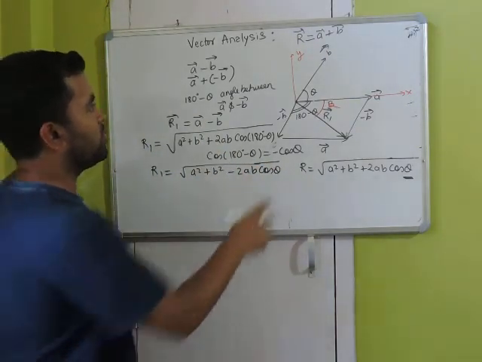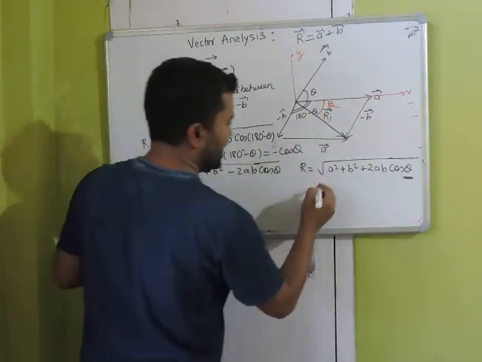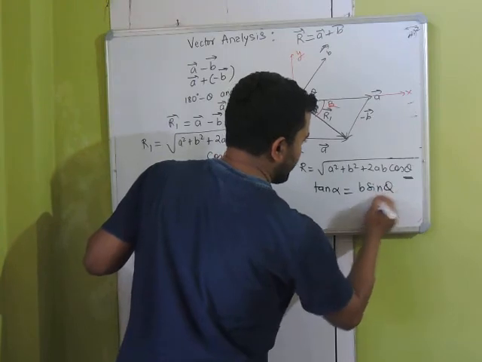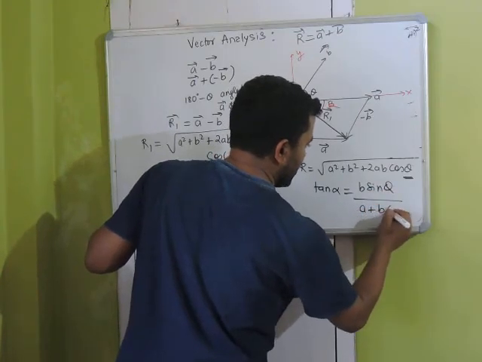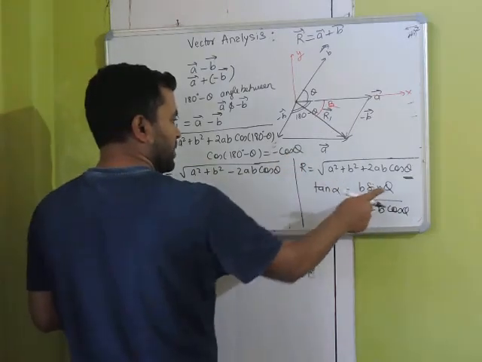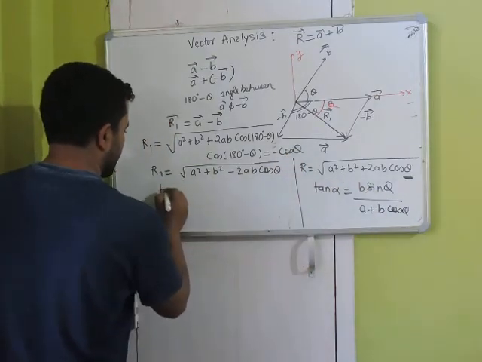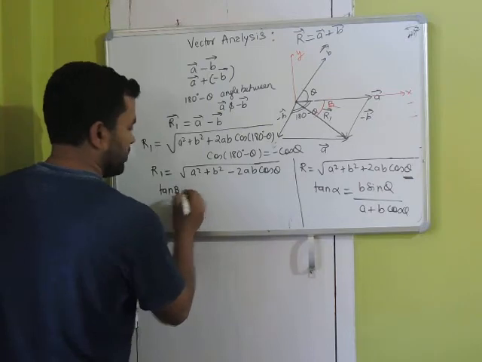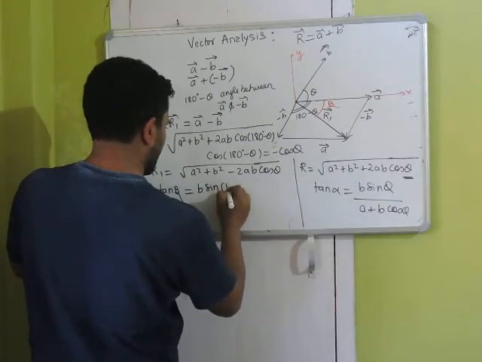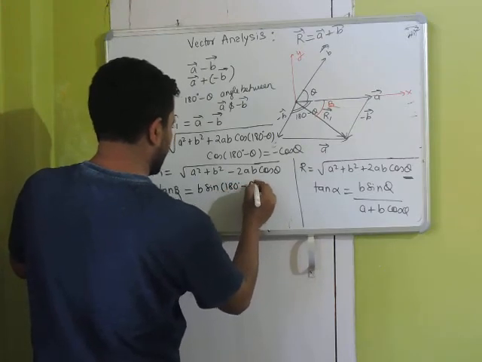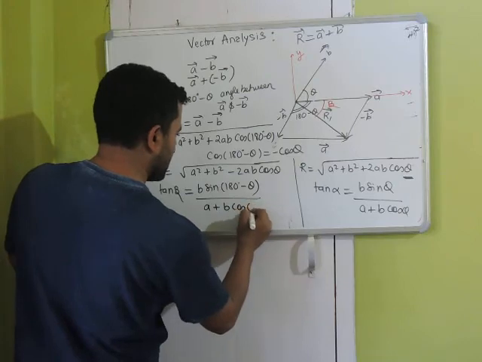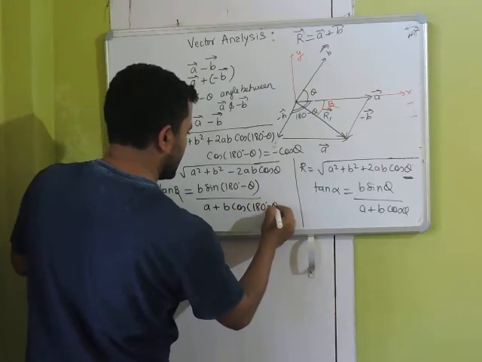And if you talk about this beta, since tan alpha was B sin theta by A plus B cos theta, going the same way, theta should be replaced by 180 minus theta. Tan beta will be B sin of 180 minus theta by A plus B cos of 180 minus theta.